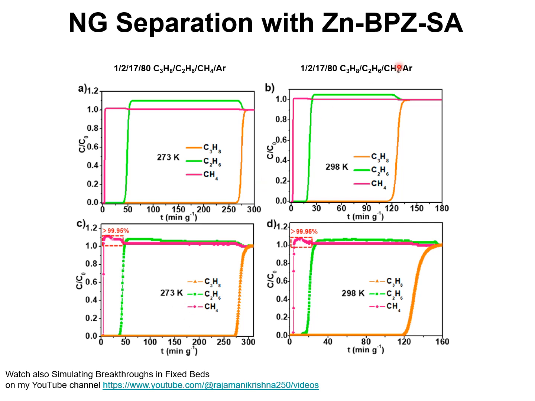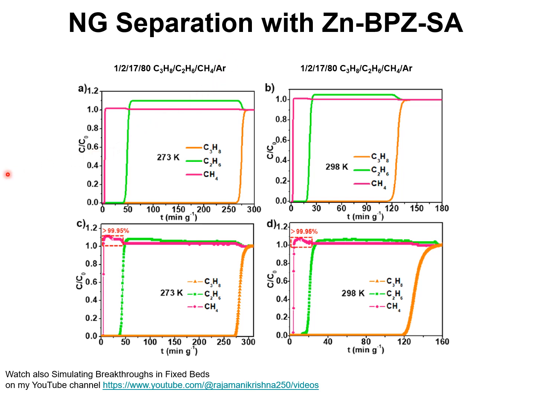The potential of Zn-BPZ-SA for separating mixtures of propane, ethane, and methane are established on the basis of breakthrough experiments shown in the bottom row, and the mixture compositions used in the experiments are 1,2,1780 of propane, ethane, methane, and argon, argon being the inert gas.